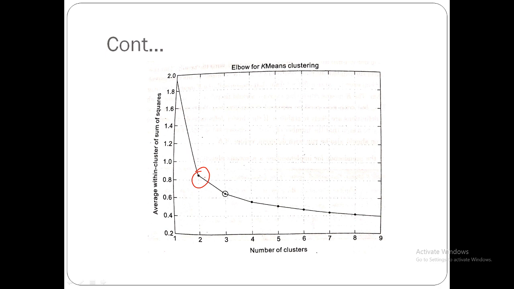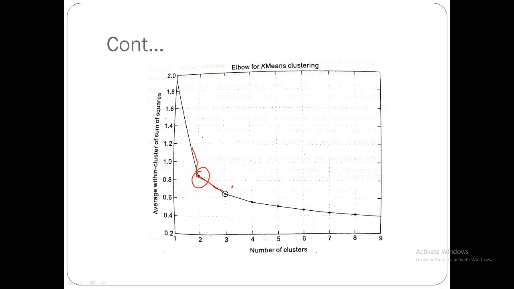Beyond this elbow point, adding a cluster will not add much incremental value. Here there is a fall like an elbow, and afterwards the fall is not there, it is stabilized. So we have to take the stabilized value, and do this until stabilization.